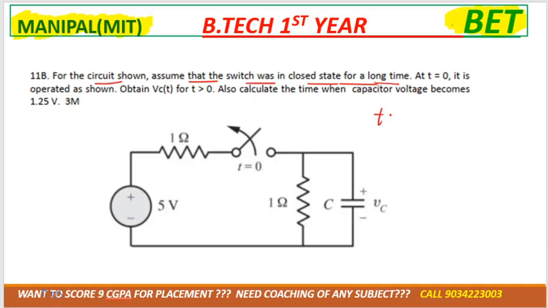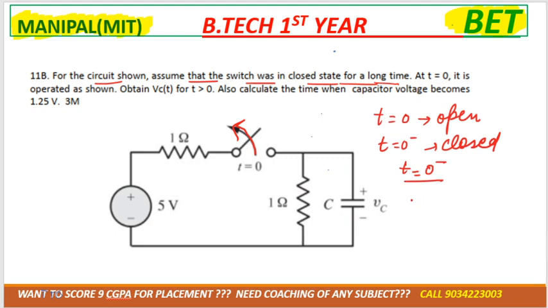Okay, means at t equals to 0 it is opened. According to the arrow, at t equals to 0 it was open. Just before that the switch was closed. Correct?